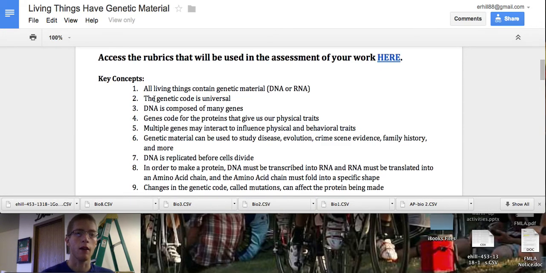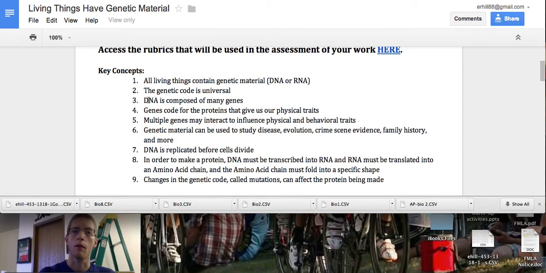It doesn't matter if you're a tree or a dolphin or a human, you're still going to have the nitrogen bases A, T, G, and C. It's just a matter of that code being changed, which causes us to have different genes. And those different genes code for the different proteins that give us our traits, our characteristics, and our functions.